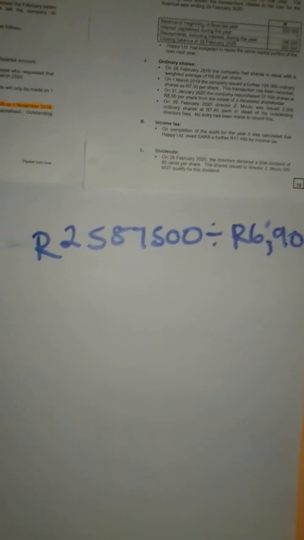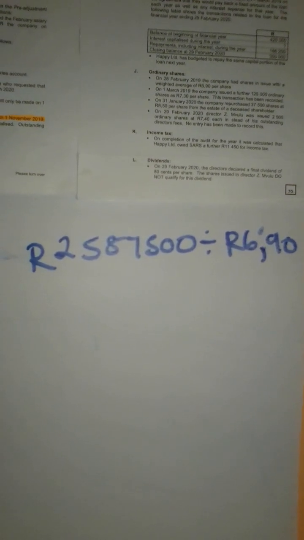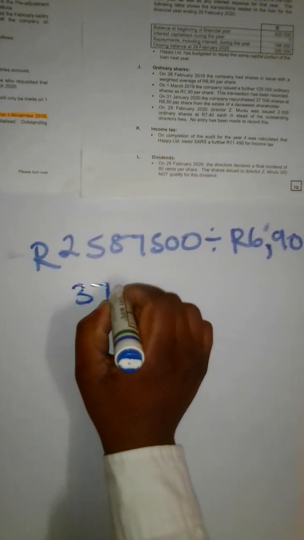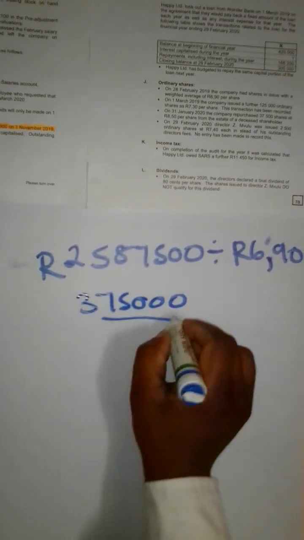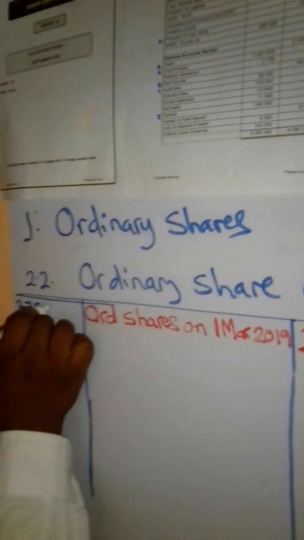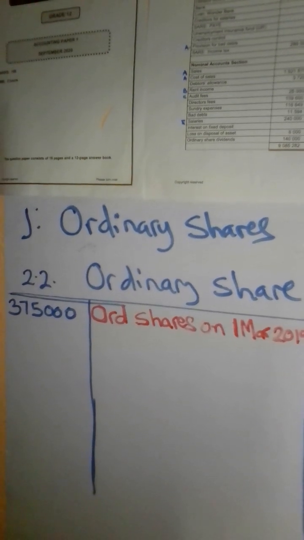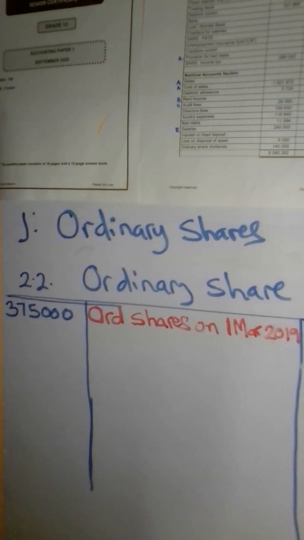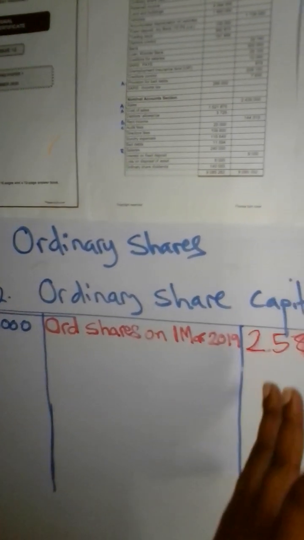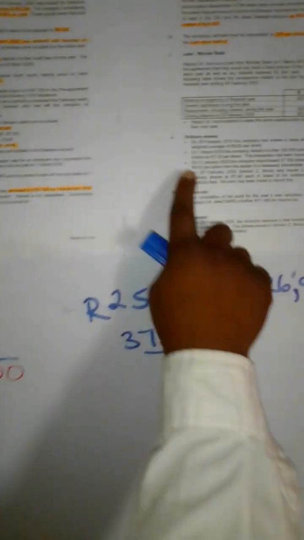If you divide, let's go to our calculators, we get 375,000. So 375,000 is the number of shares. It is the answer that you're supposed to record here: 375,000 ordinary shares on 1 March 2019, which amounted to 2,587,500. Let's go on to the next bullet.